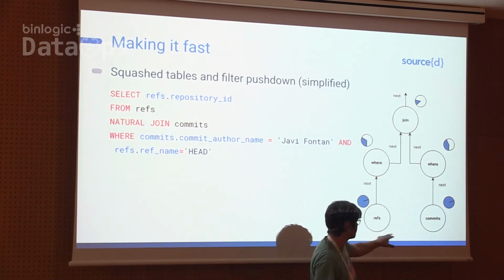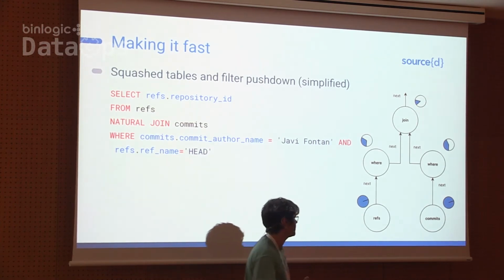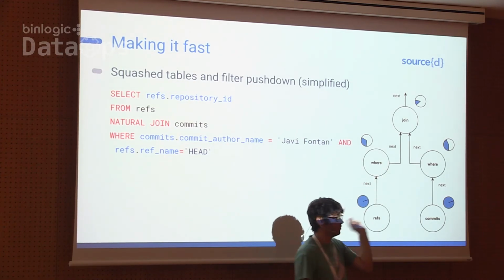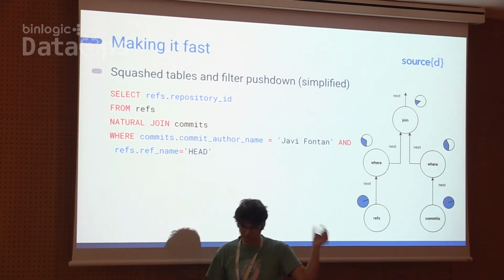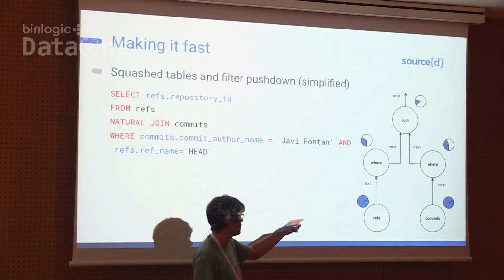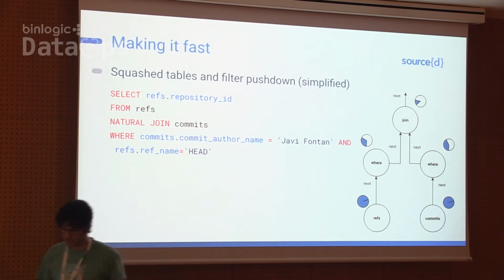And we do the same with commits. We get all the commits from all the repositories, from everything, and then we do some filtering. And we end up with a really small fraction of the objects that we really need. And that's really bad because we are reading too many objects that we are just going to throw away when we filter.